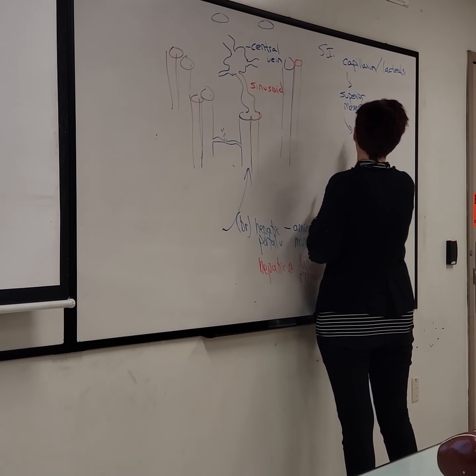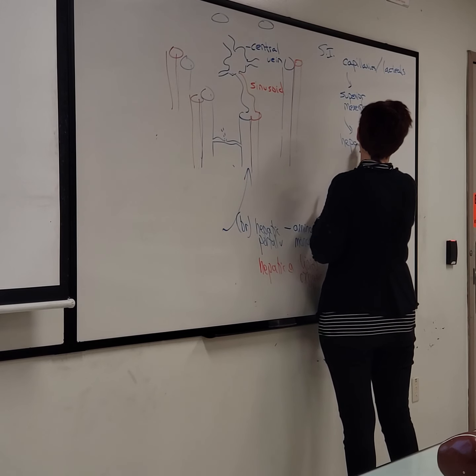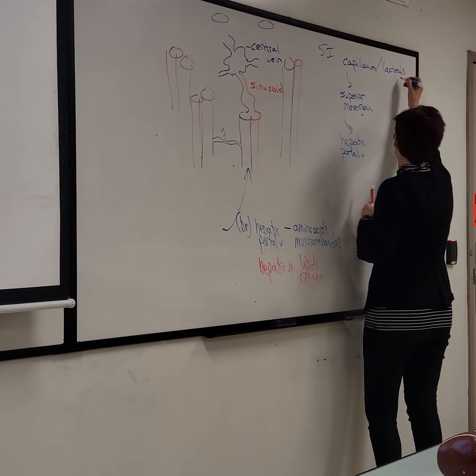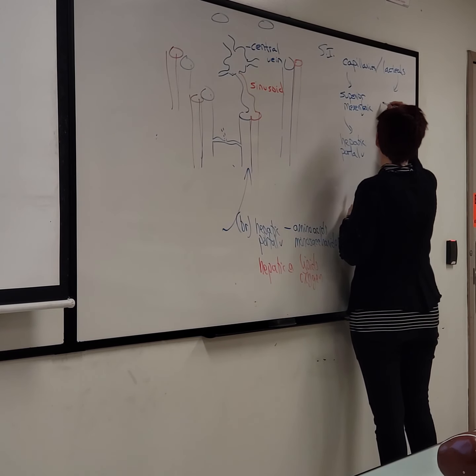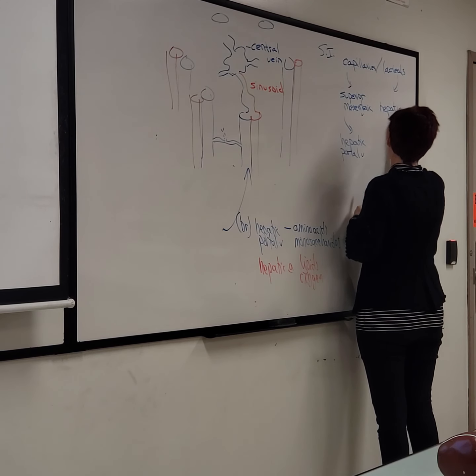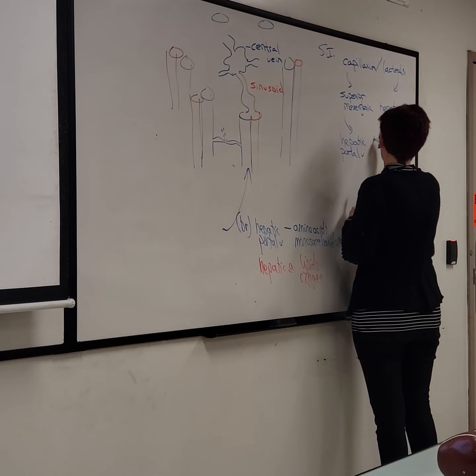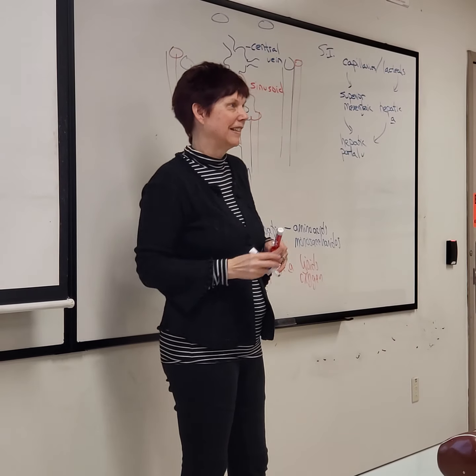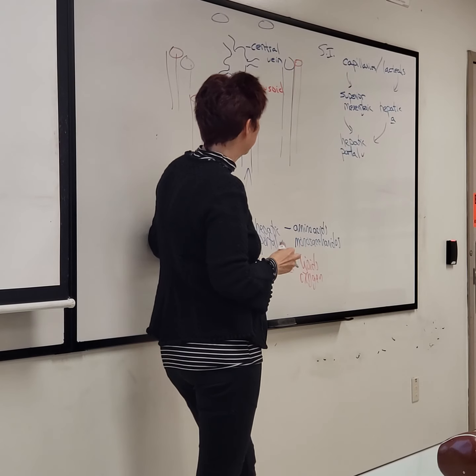And then that will flow into the hepatic portal vein and its branches. The lacteals will eventually get into the aorta and the hepatic artery, and that will come together with our branch of the hepatic portal vein.